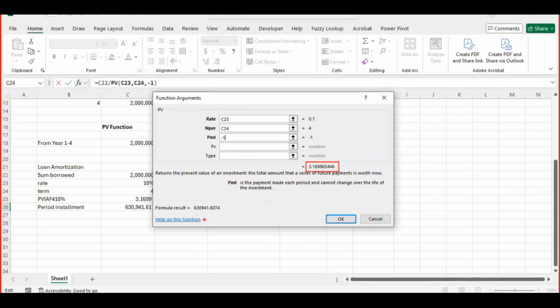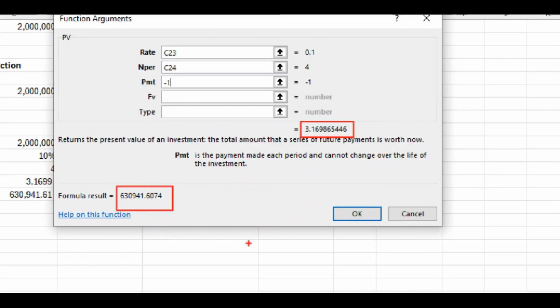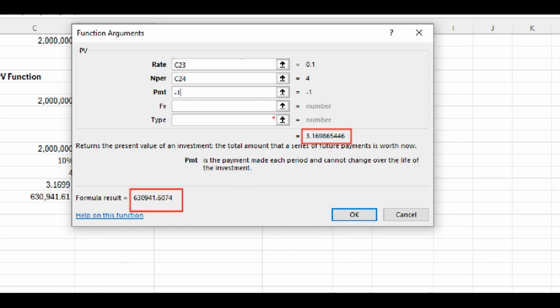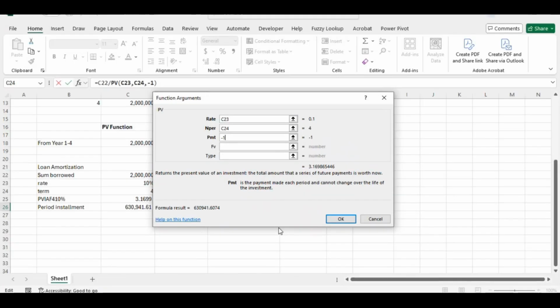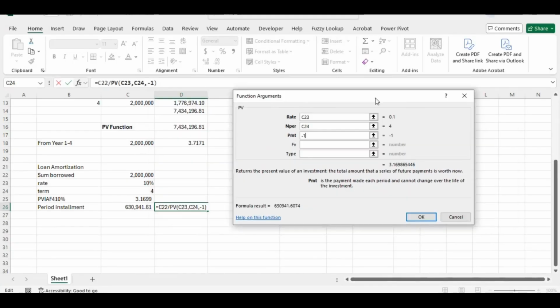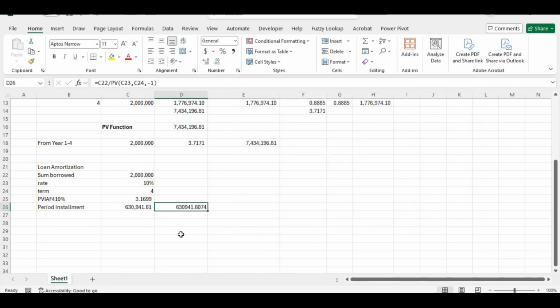And I have the periodic payment of 630. So you can clearly see that from this, I already have my two solutions. So this is also another alternative way of going about it. Then we just say okay, and our answers will still be the same. If you wish, you can just decrease the decimal places. There is no problem.